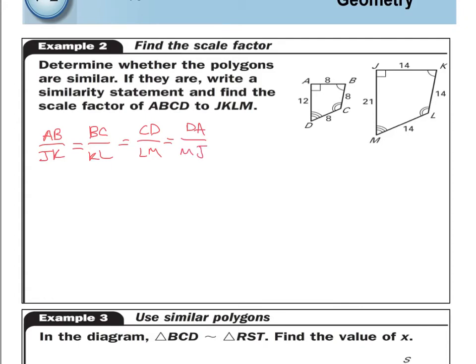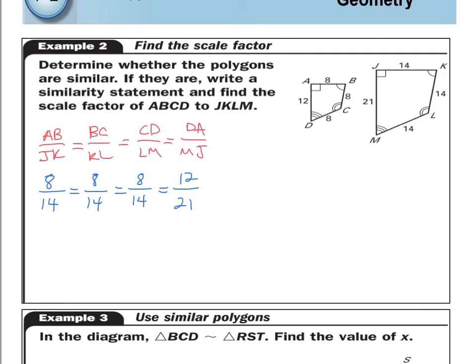So now I'm going to substitute my numbers in. I've got AB is 8, JK is 14, BC is 8, KL is 14, CD is 8, LM is 14, and DA is 12, and MJ is 21.